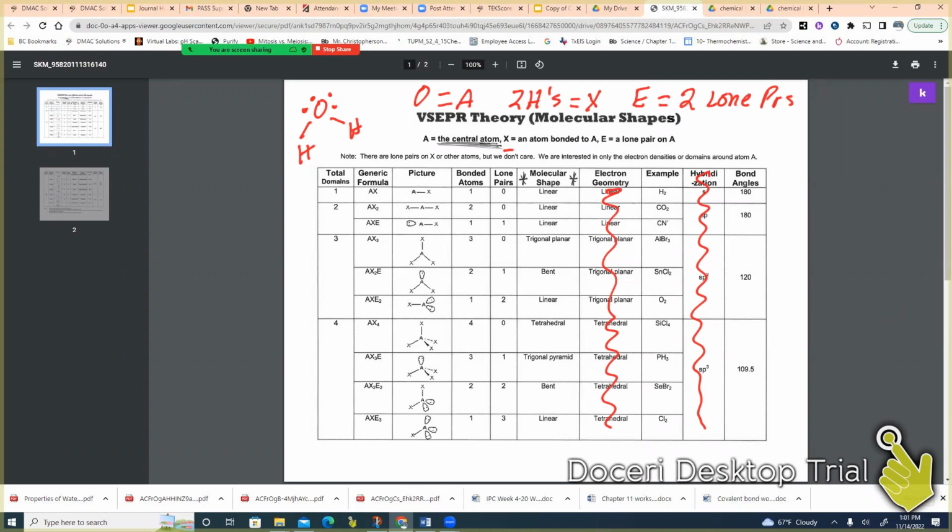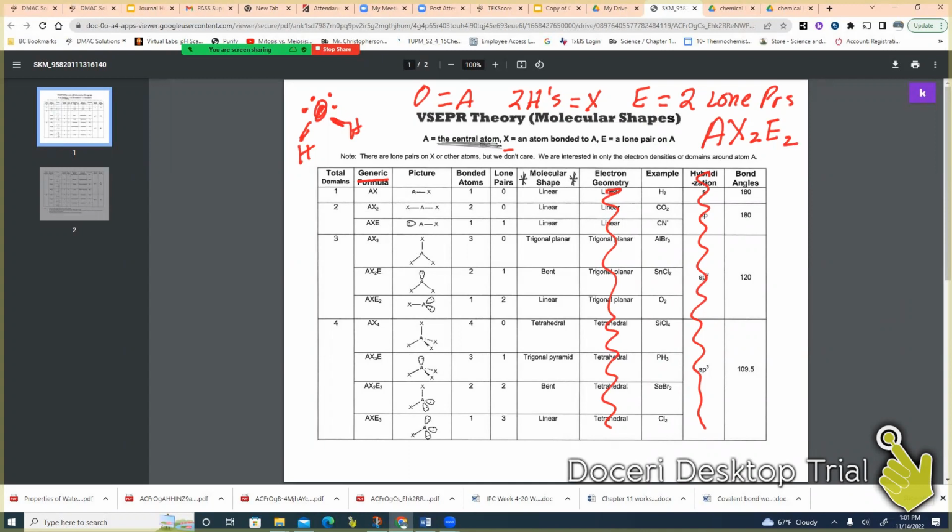So if I put that into a generic formula, which is what we're kind of trying to do, so then you can see what shape it is, it would be AX2, because it had 1 central atom with 2 things bonded to it, and lone pairs of electrons.